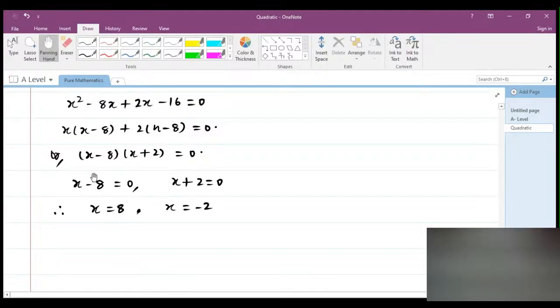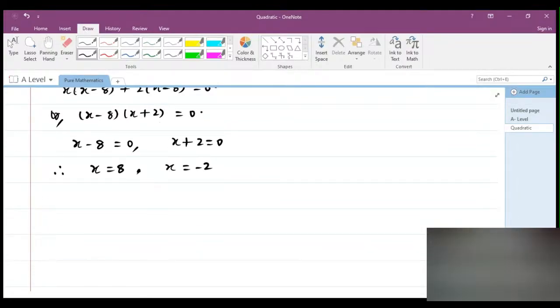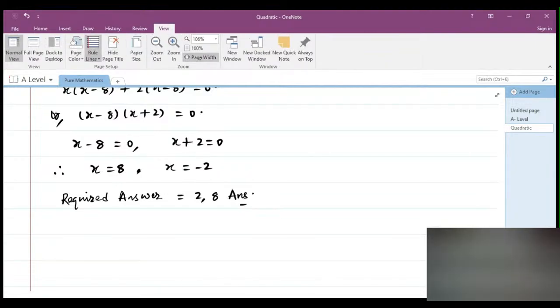Therefore the required answer here will be minus 2 and 8. Hope that there is no problem to understand the solution of this question.